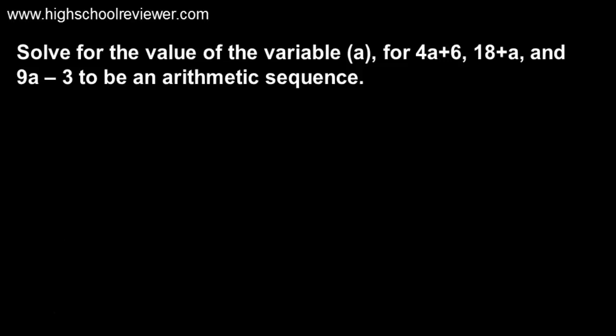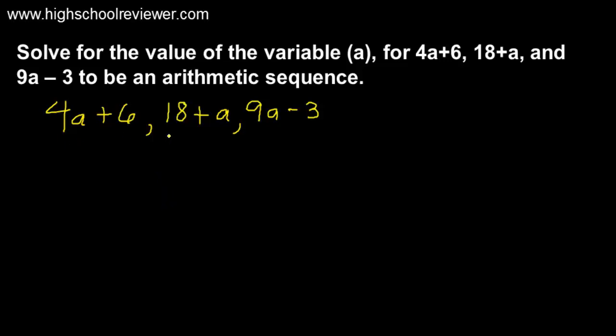So our given here, they are an arithmetic sequence, and the first term is 4a plus 6, followed by the next term, which is 18 plus a, and the third term will be 9a minus 3.